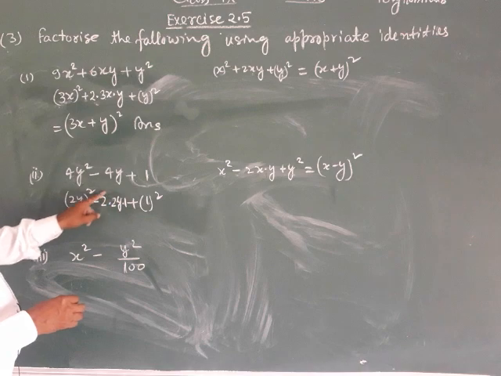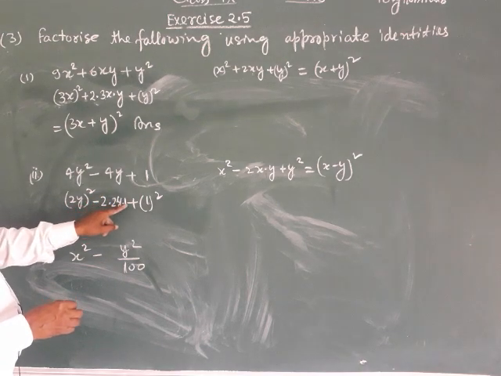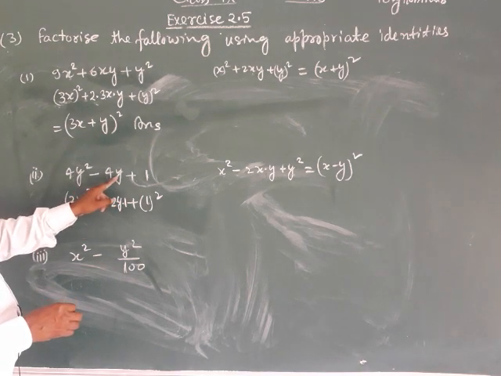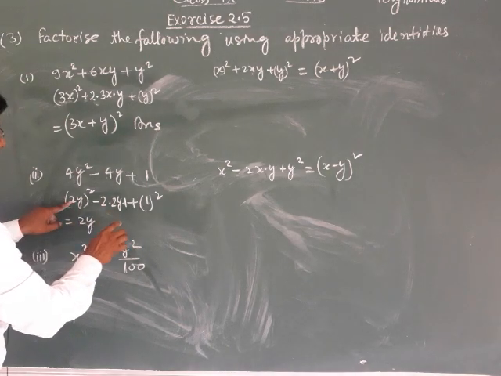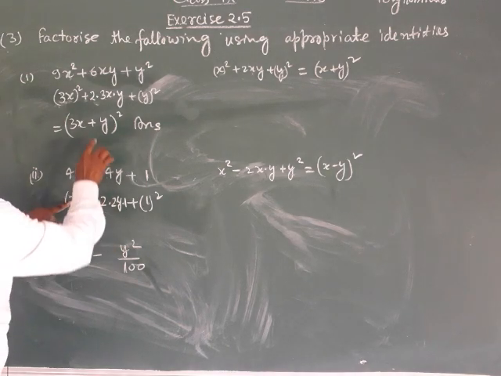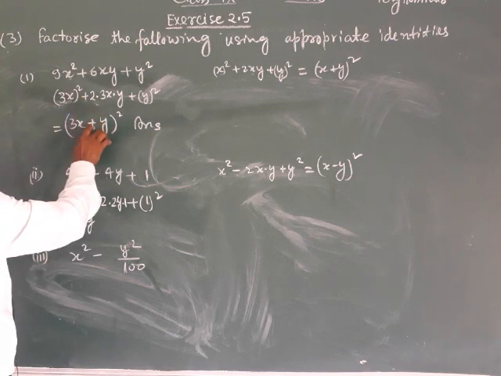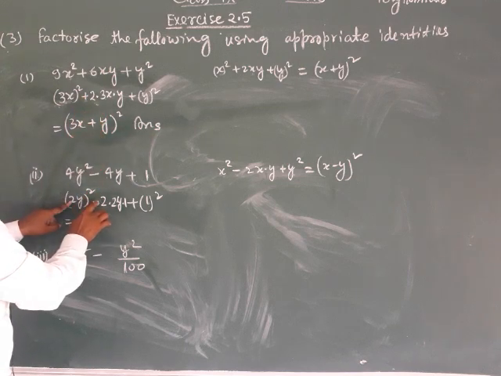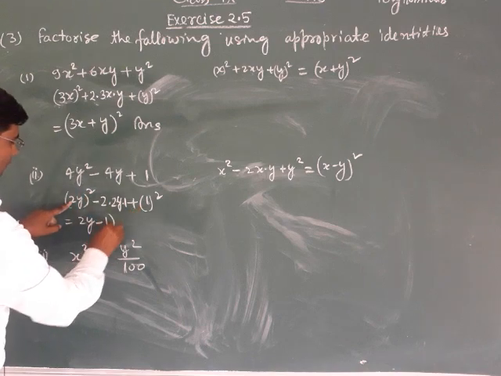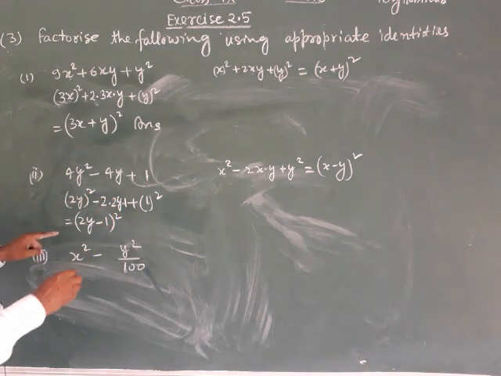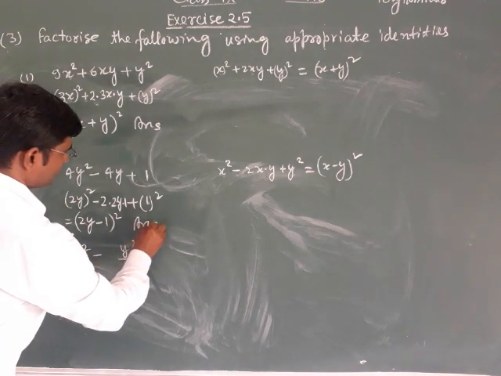So multiply 2 into 2 into 1, 4 and y. So this is 2y taken positive, and negative taken, and 1 whole square. So this is the answer.